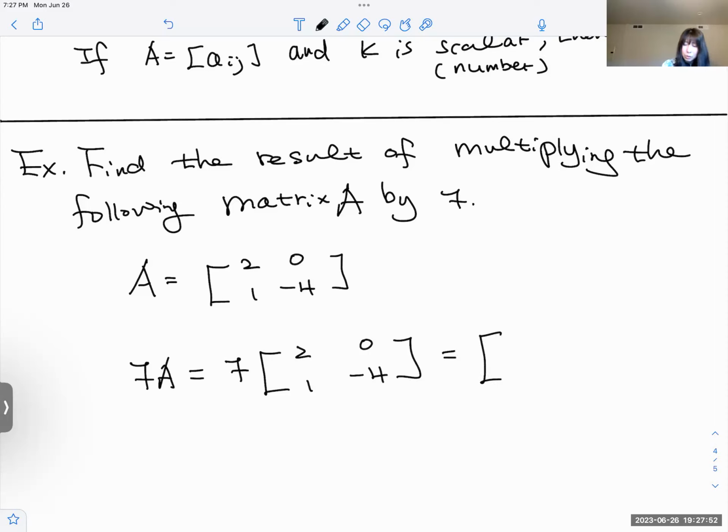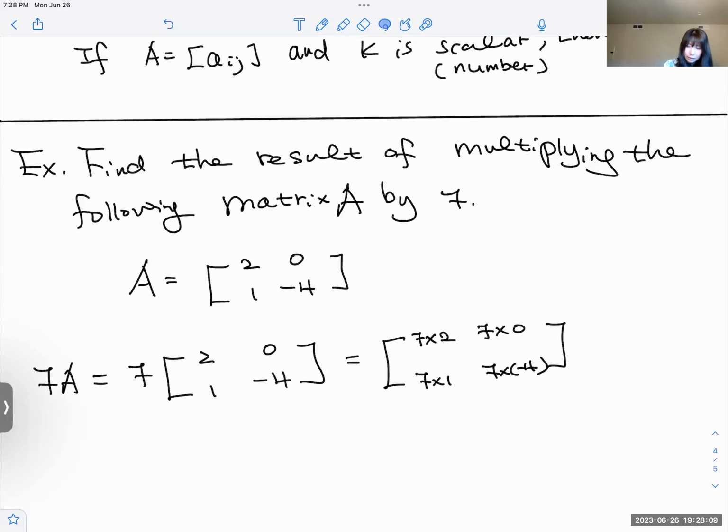We just multiply the entries, right? So 7 times 2, 7 times 1, 7 times 0, 7 times negative 4. So what do you get? We get 14, 7, 0, negative 28.